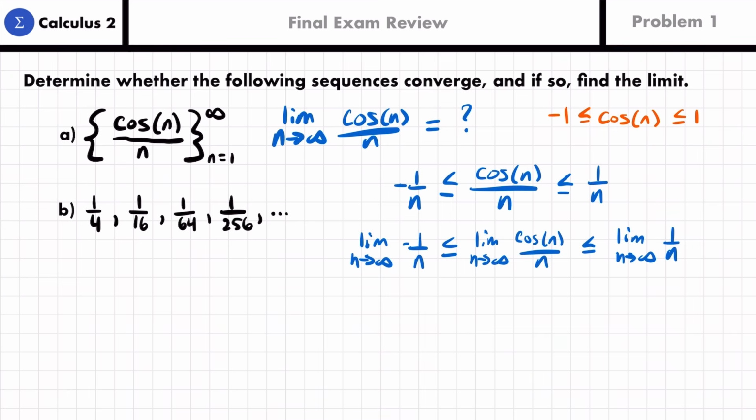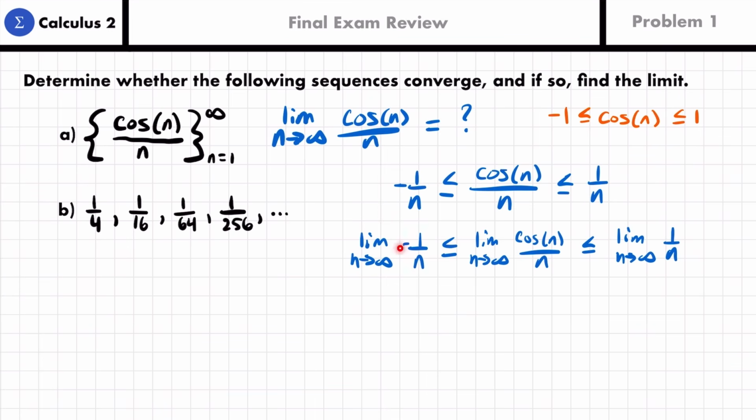Now hopefully you recognize this limit here, the limit as n approaches infinity of 1 divided by n. We know that that equals 0. You have a fixed value divided by an infinite denominator, right? N is approaching infinity. So you can think of this as being 1 divided by infinity, which within the context of a limit, we know approaches 0. And the same thing for this limit. It doesn't matter that you have -1 divided by n, where n is approaching infinity. You still have a fixed value divided by a denominator that is approaching infinity.